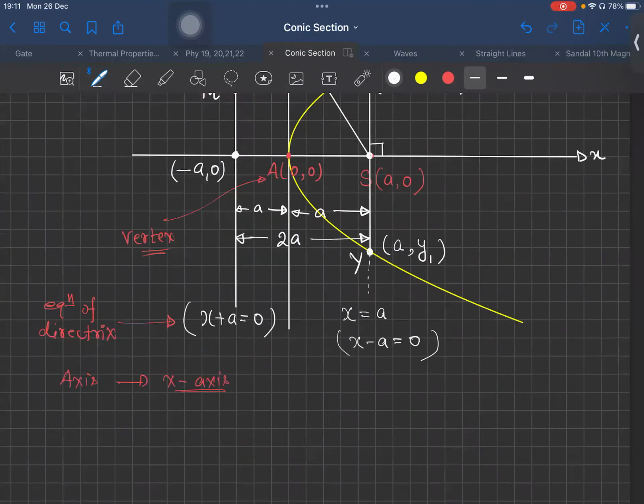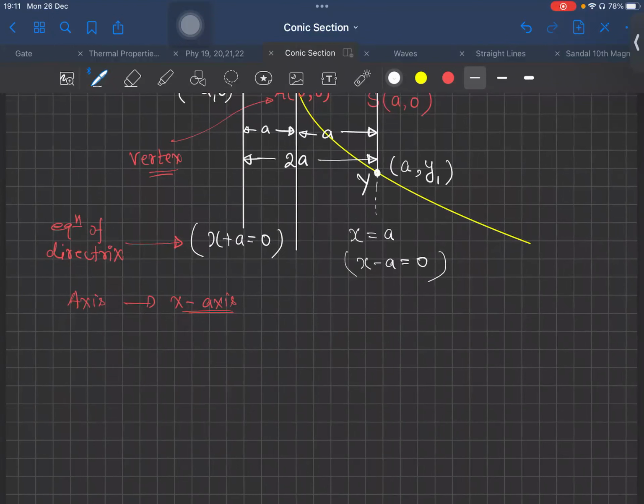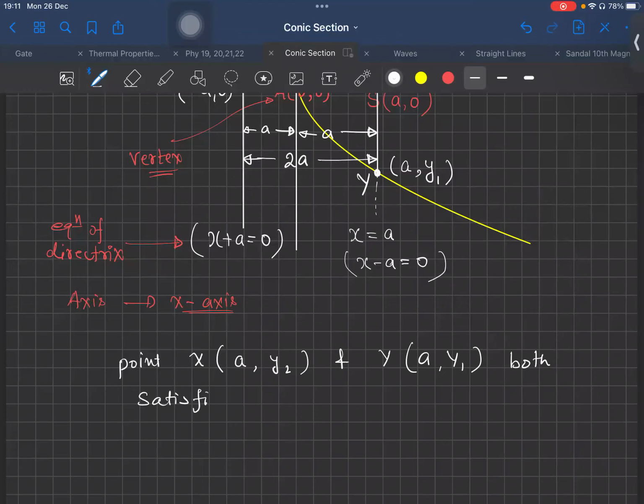Now point X, which is (a, y2), and point Y, which is (a, y1), both satisfy the parabola. Okay.